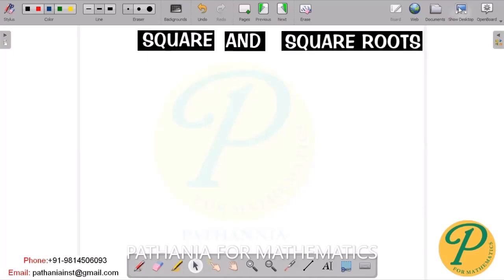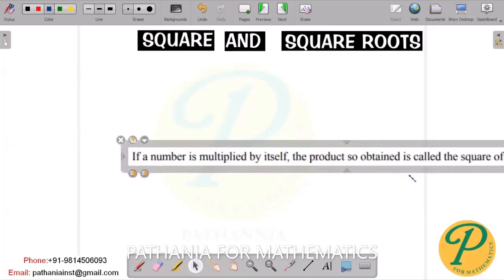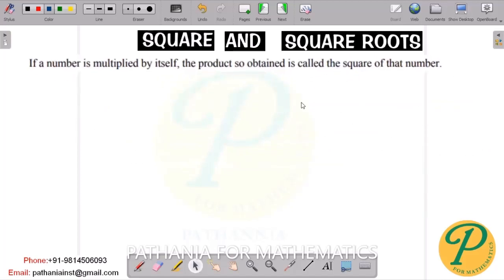If a number is multiplied by itself, the product so obtained is called the square of that number, or we can call it x into x, x square. It is called the square of itself.